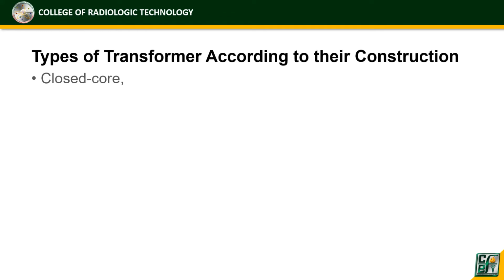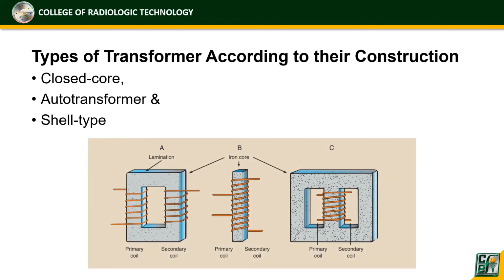Next will be the classification or the types of transformer according to their construction. So first is the closed core transformer, then the autotransformer, and the shell type transformer. Okay, so these are the illustrations of the different types of transformer according to their construction.